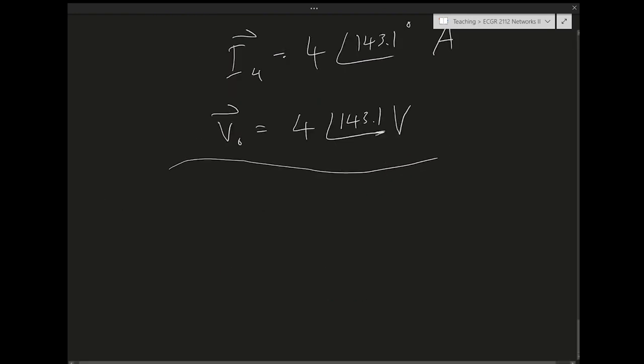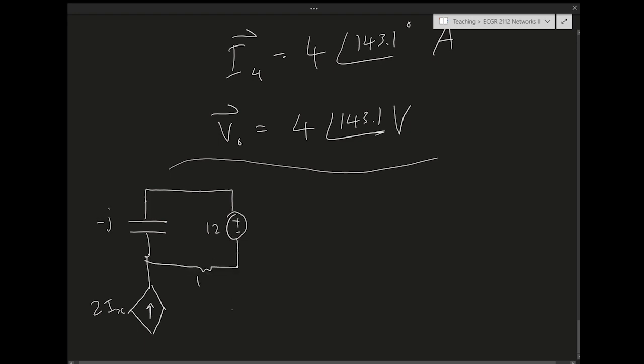Analysis now. So we want to try to find the Thevenin equivalent circuit technique. So let me redraw the circuit. So 2Ix, 12 volt phasor, 1 minus j, 1.